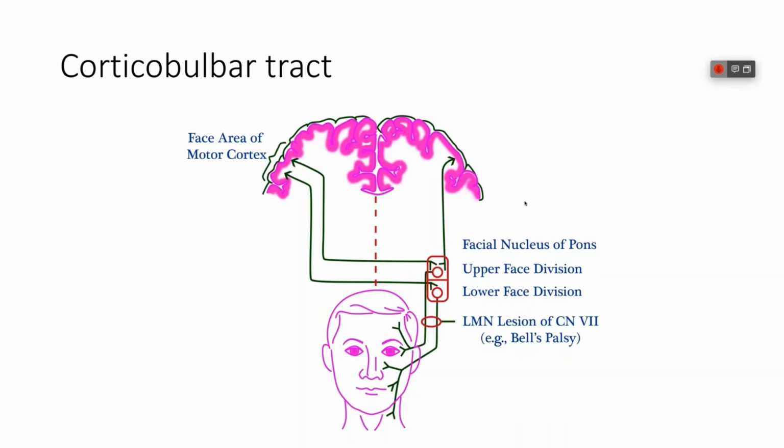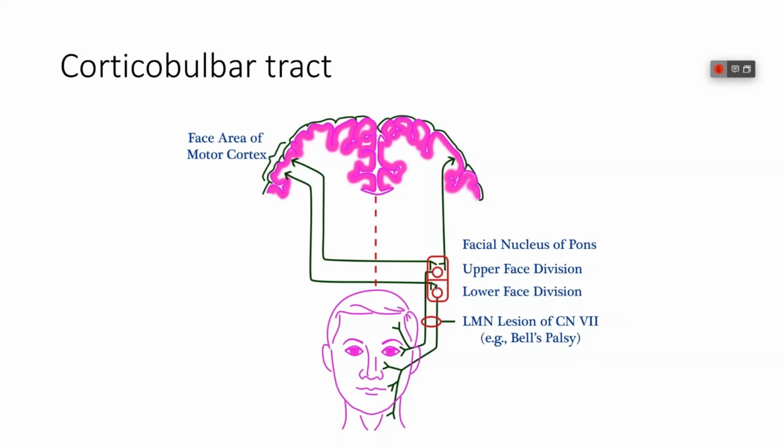It could be around the pons. Yeah, it could be anywhere along this tract. It doesn't have to be a cortical stroke. You could have an internal capsule stroke, right? It could be before the facial nucleus, and that would cause the same symptoms. Does that make sense? It's a good question.